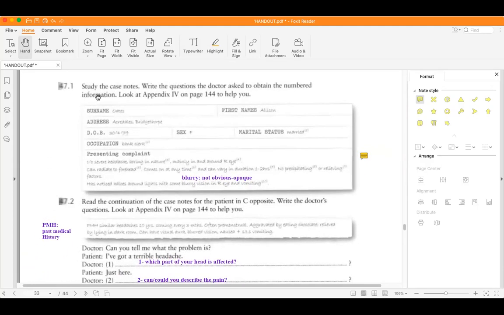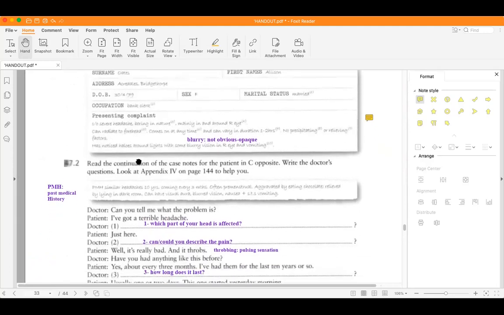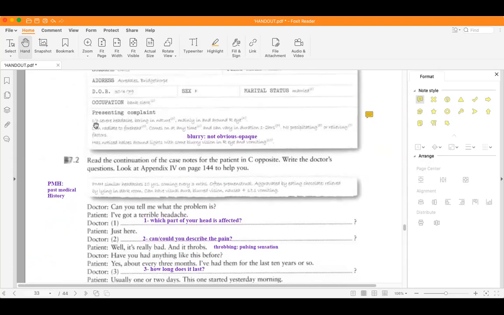So here we have a case note of a patient. We have the surname, the first name, the address, the date of birth, sex, marital status, occupation, and presenting complaint. In the presenting complaint, we have C/O.